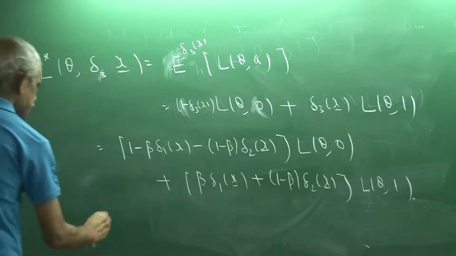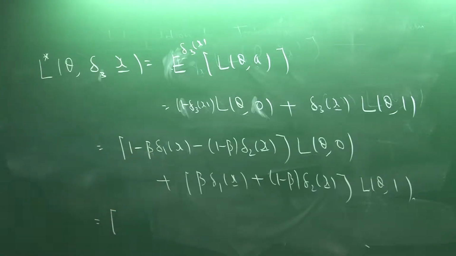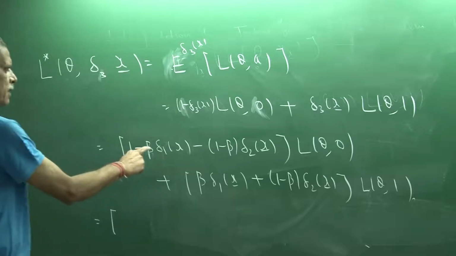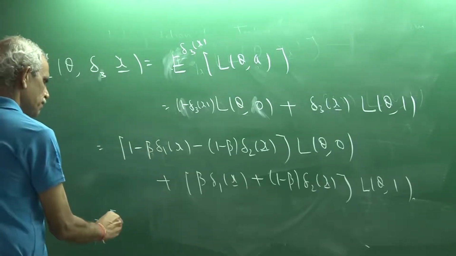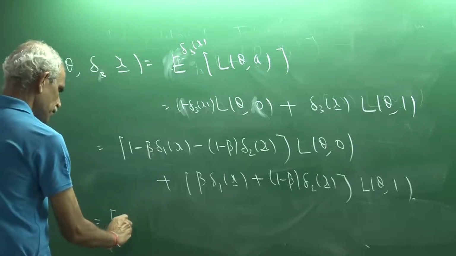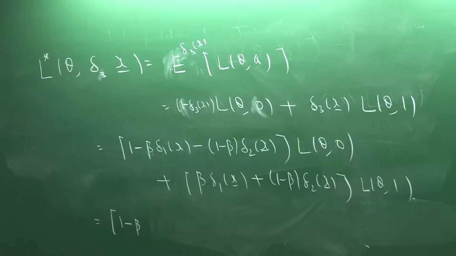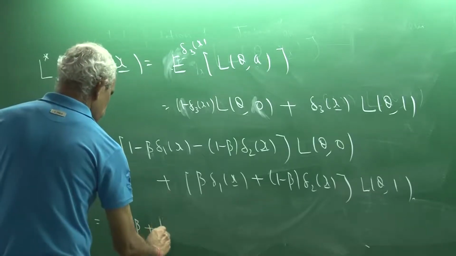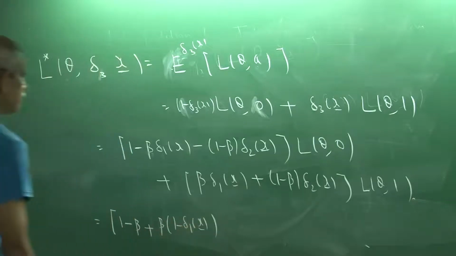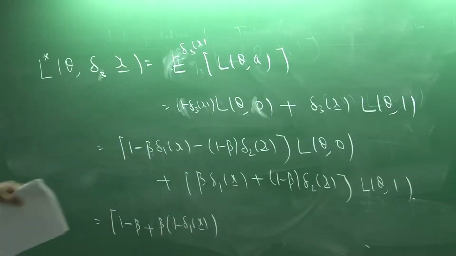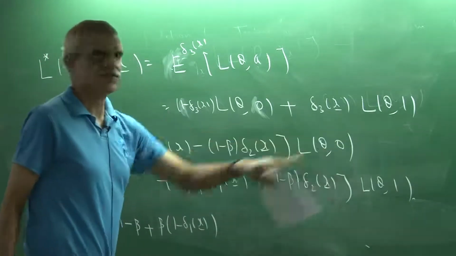So what I do is I write this with everything in terms of 1 minus delta 1x. All right, because all of these I want to write as 1 minus, because of this.